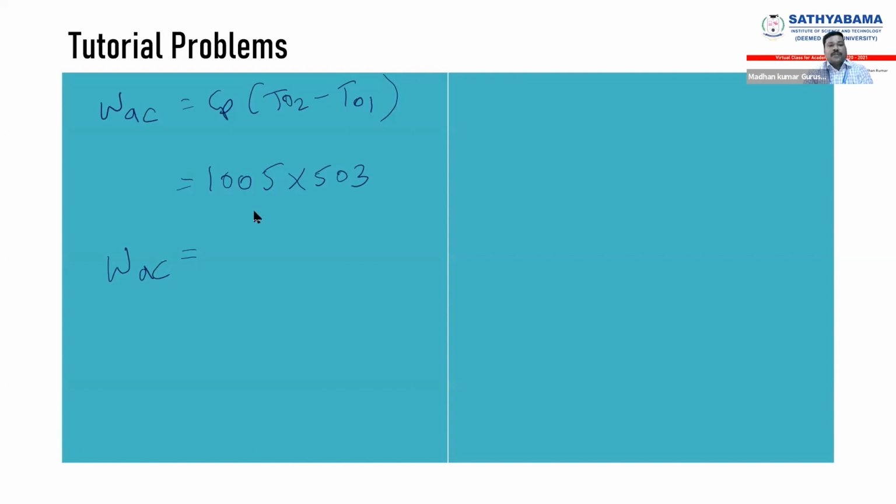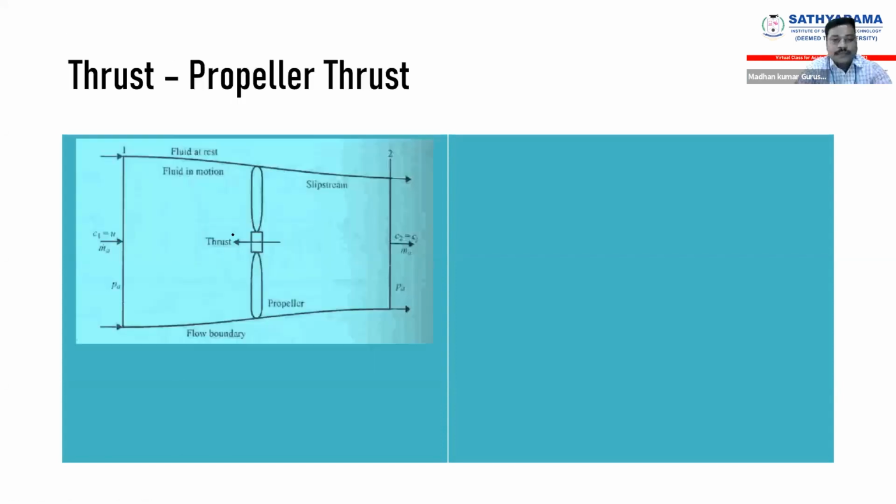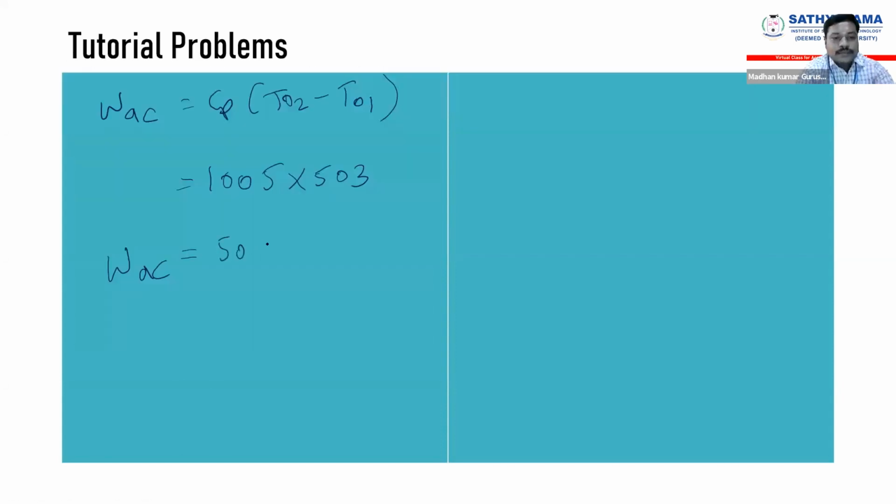505.5 kilowatts, right? So kilowatts per kg per second, right? So they were asking for per unit mass flow rate, so that is kg per second, right?